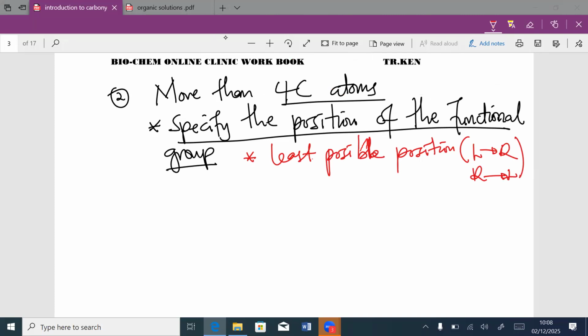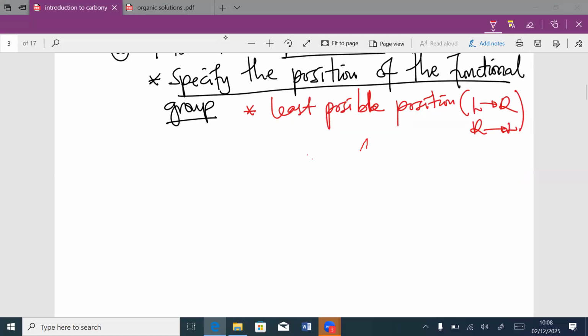Let me give you an example. For example, I'm having this compound. You're having that compound as long as it is.